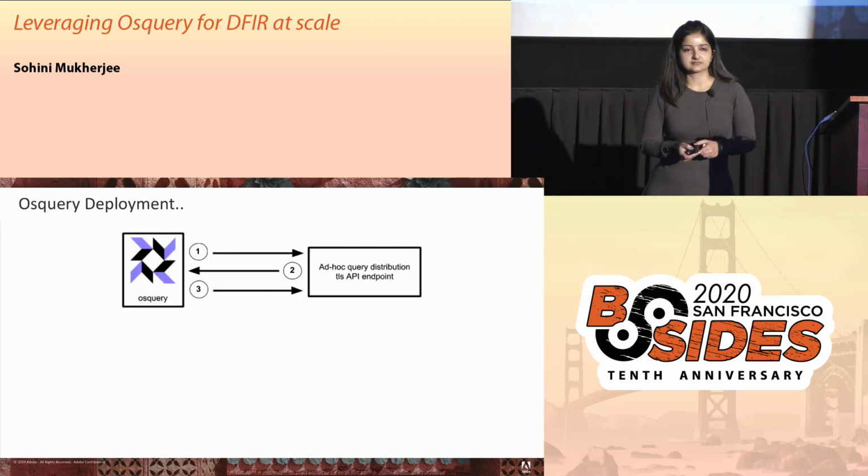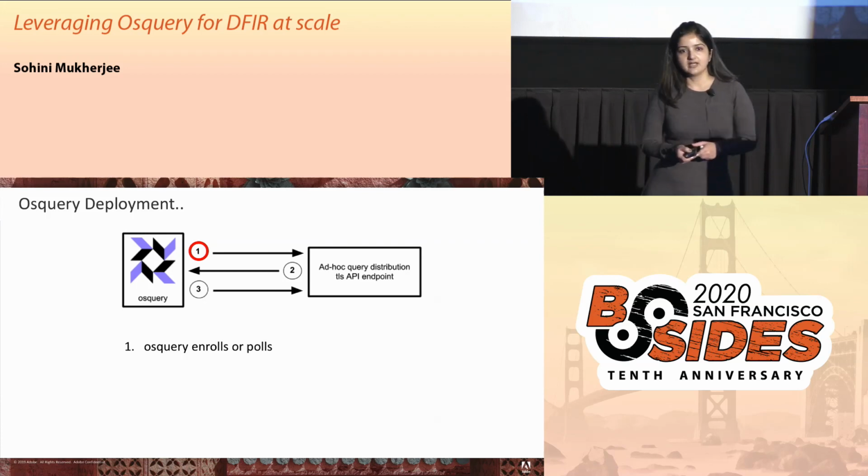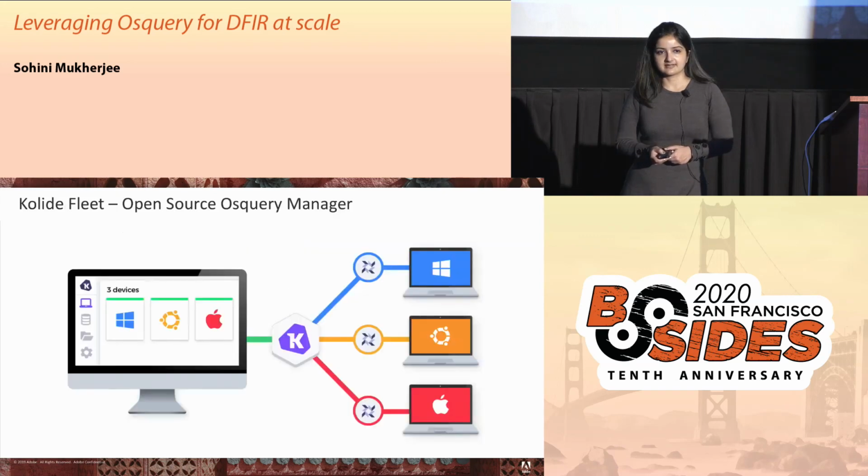Okay. So before going into our attack scenarios, a quick high-level overview of our Osquery deployment architecture. It's a classic client-server model where the Osquery agent enrolls or polls, the TLS endpoint responds with a query, and the Osquery agent replies with the results. So what is a TLS endpoint?